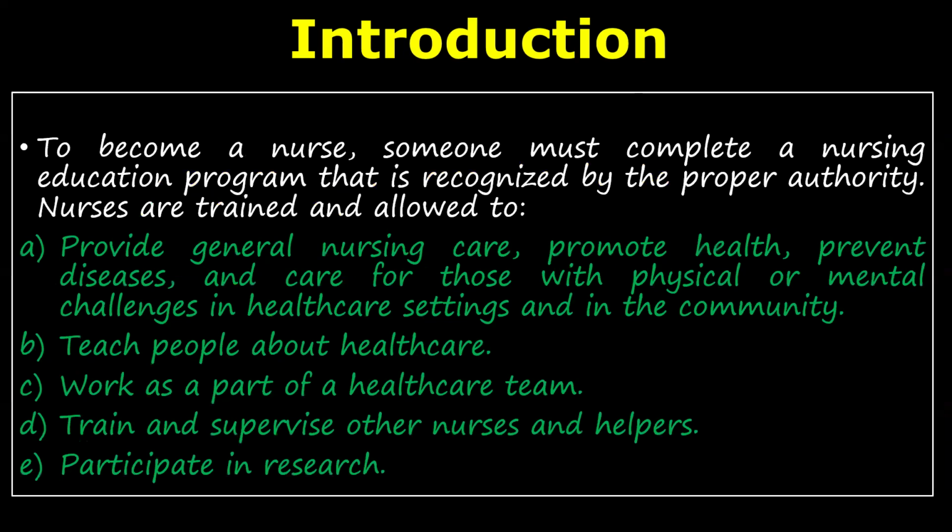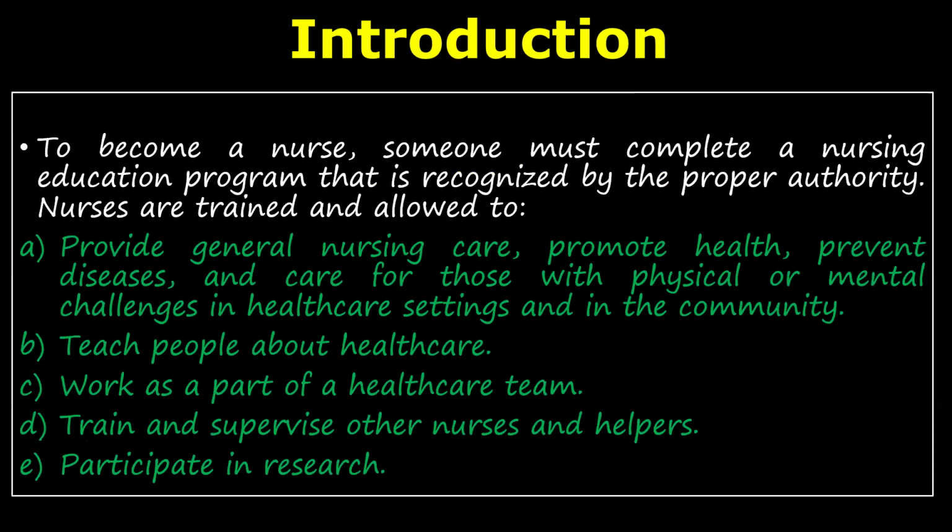So, to become a nurse, someone must complete a nursing education program that is recognized by the proper authority. In many countries, if you want to practice nursing, then in some countries you have to have a degree in nursing. And in some countries, like in Kenya, there is a medical school that you have to pass through. That is number one. Then number two, you also have to be registered.